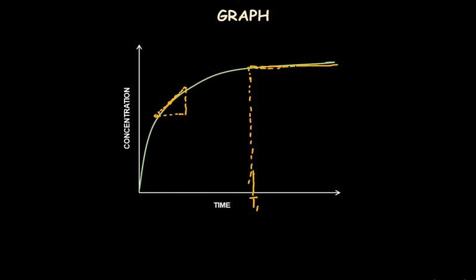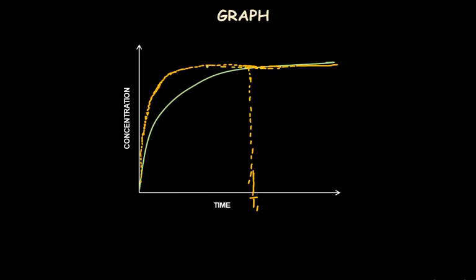Now if we increase the temperature, how is that going to affect this graph? The gradient of the graph will become steeper. So increasing the temperature is going to make the graph steeper, or increase the slope, and you can see that the line of the graph goes higher and more steeply.